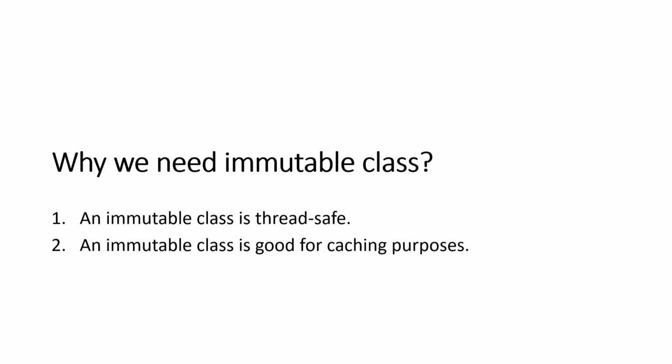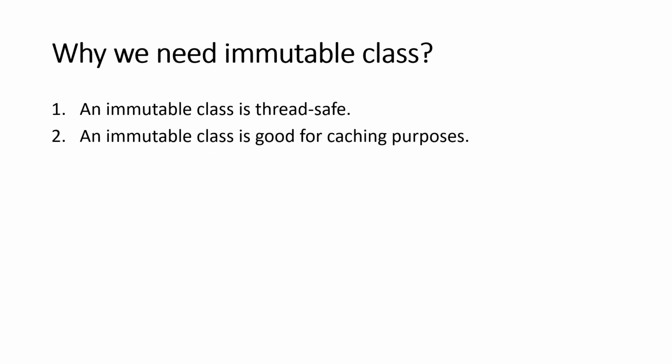So why do we need an immutable class? If we make the class immutable, we can use that class in a multi-threaded environment. It will be thread safe. We do not need to lock or put synchronization and all.